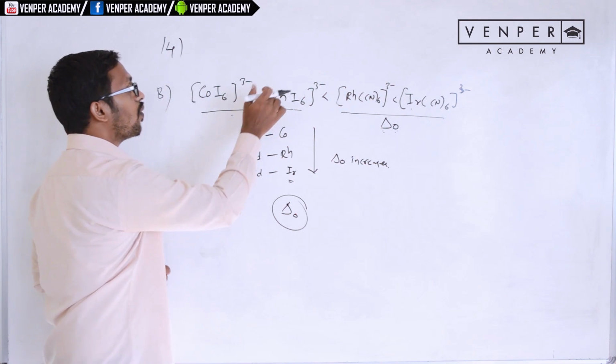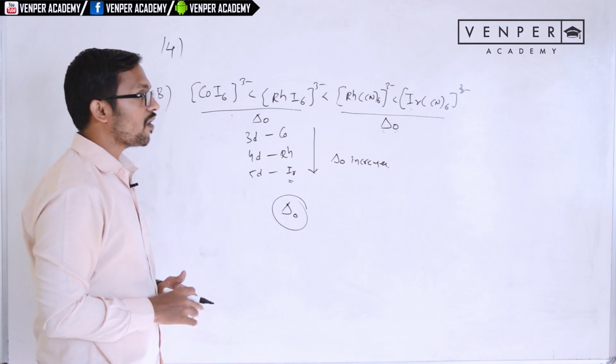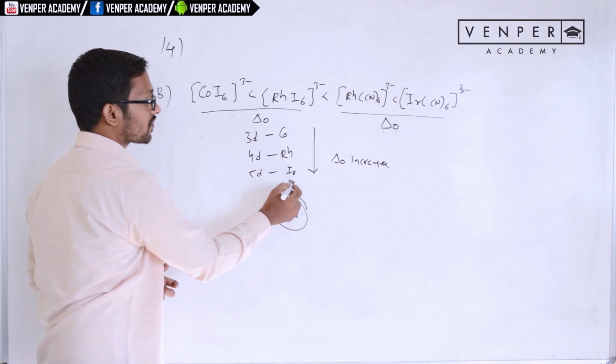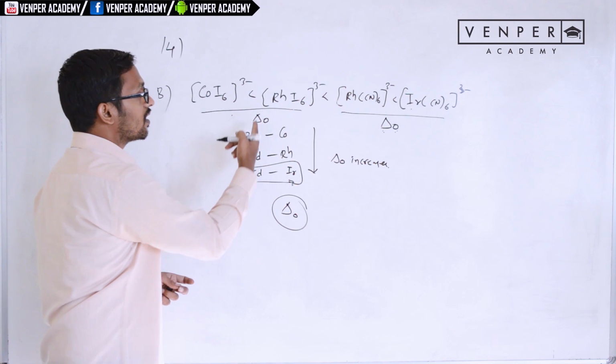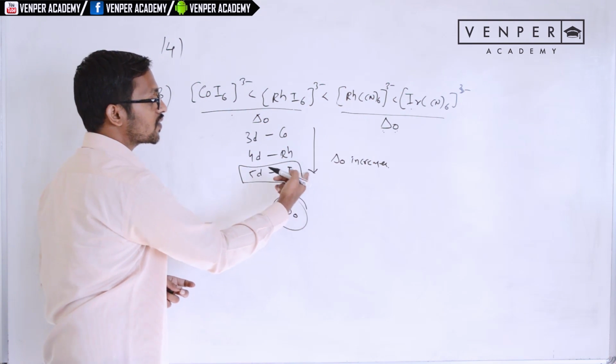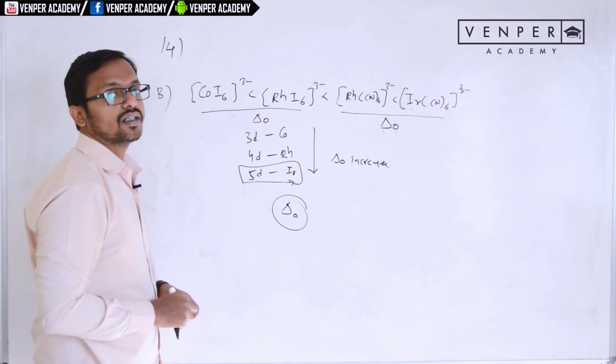Now in these two, why does this have the more crystal field splitting? Because this has the 5d orbitals. As we discussed earlier, from top to bottom, the delta naught values increase with increasing period.